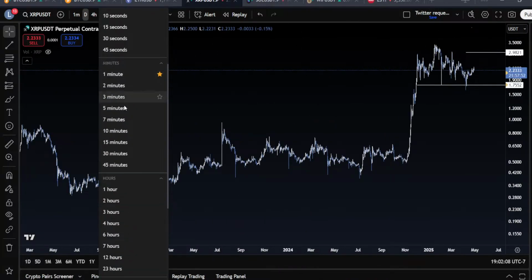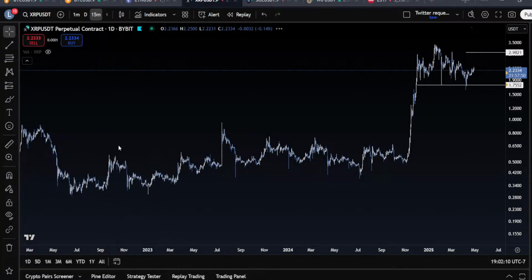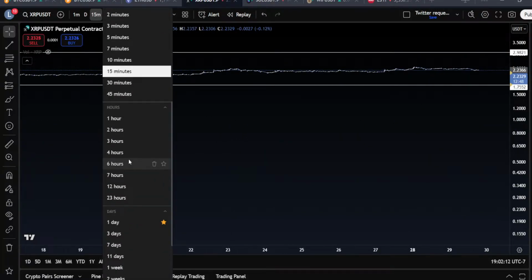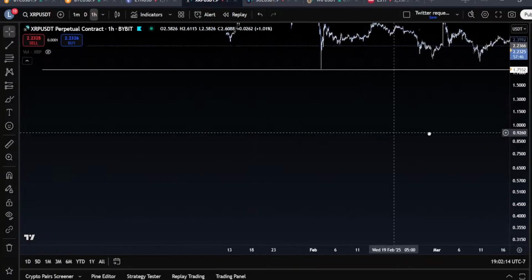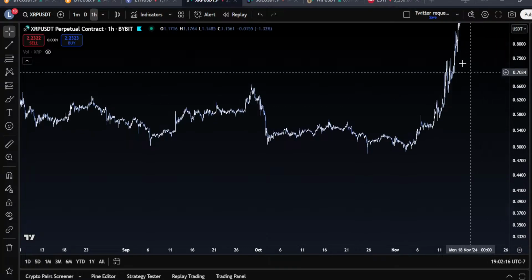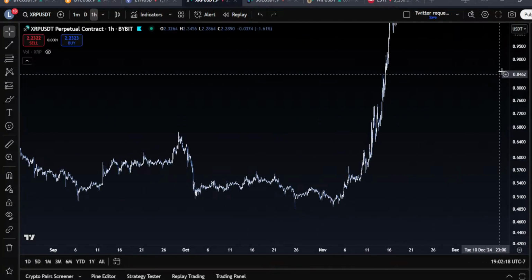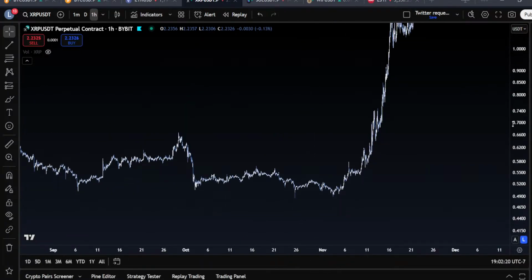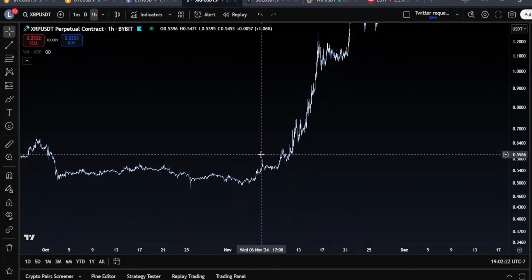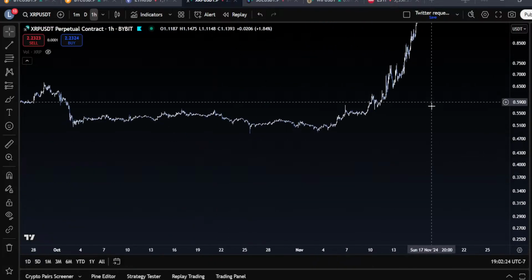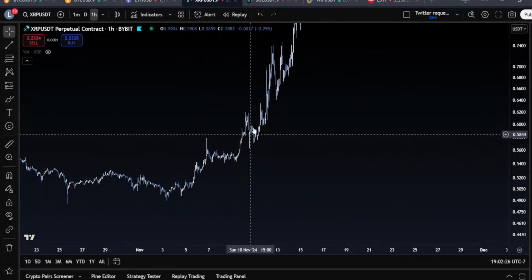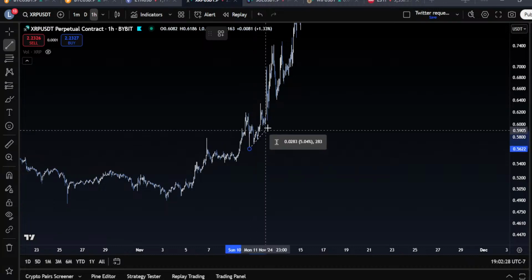You know, we can go back to this. A lot of people here will recall this because literally all I was doing in here was longing everything in this trending, grinding price action on XRP every day.